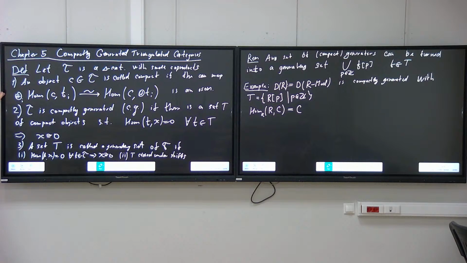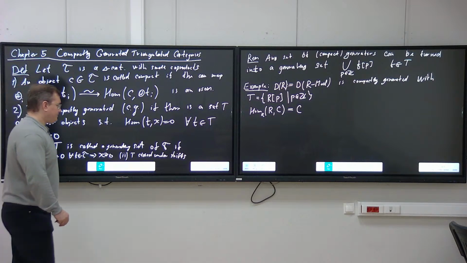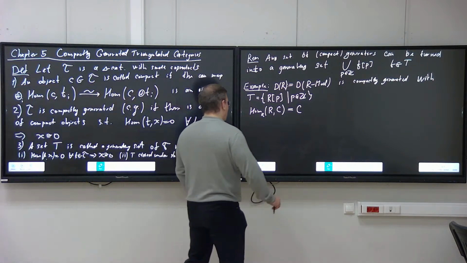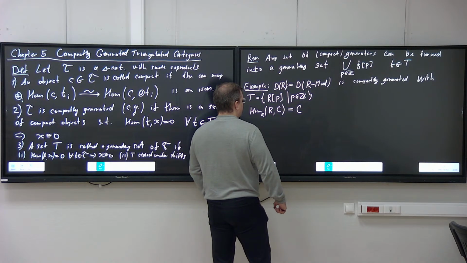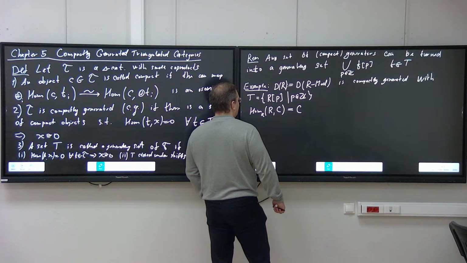Yes, so this is ungraded Hom. So there we have simply C0, or not even C0, but more like the kernel of D0.